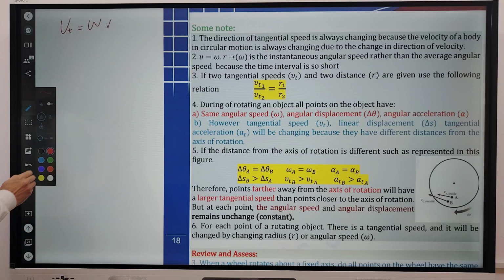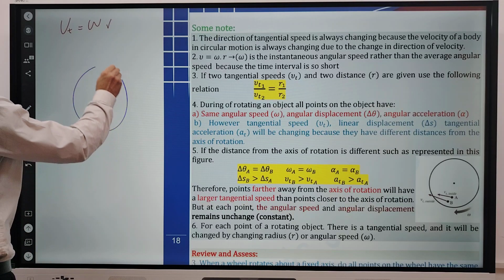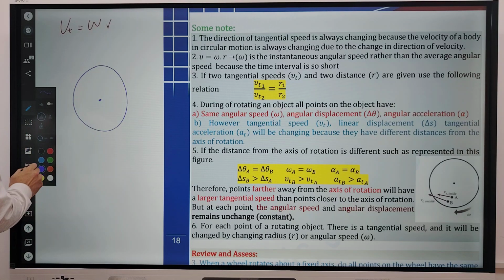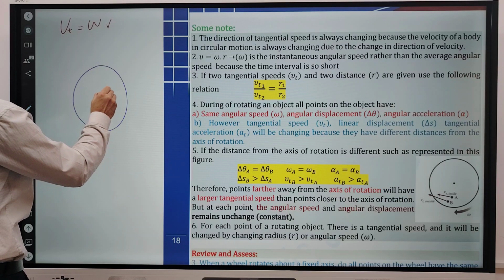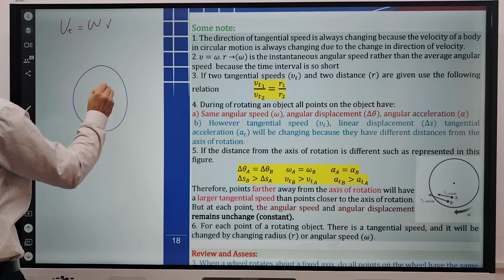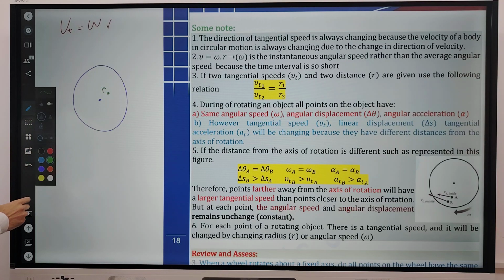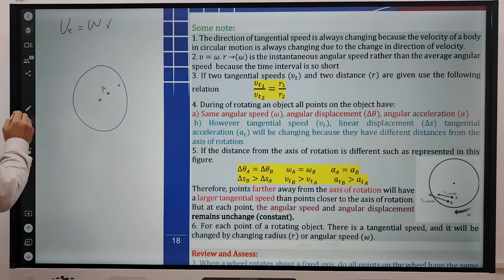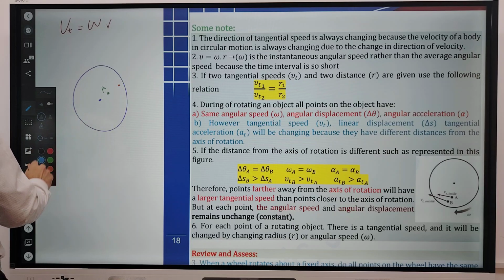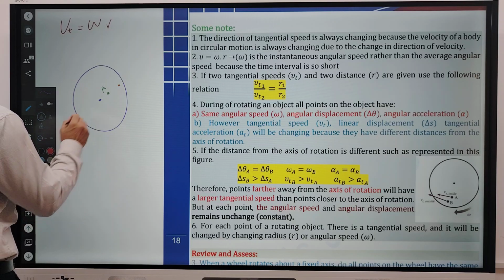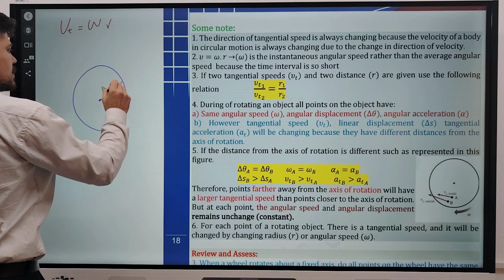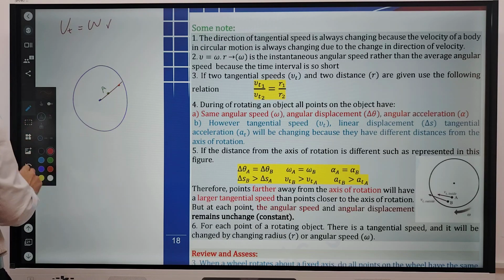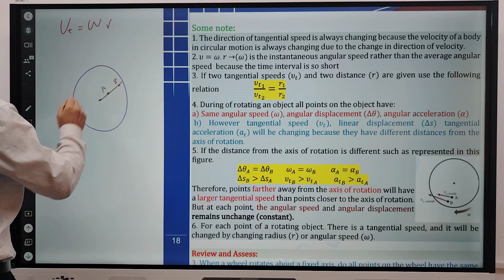For example, if we have 2 points on a rotating object, point A and point B, okay, so this is the distance from the axis of rotation, okay, so this is point B, sorry, okay.